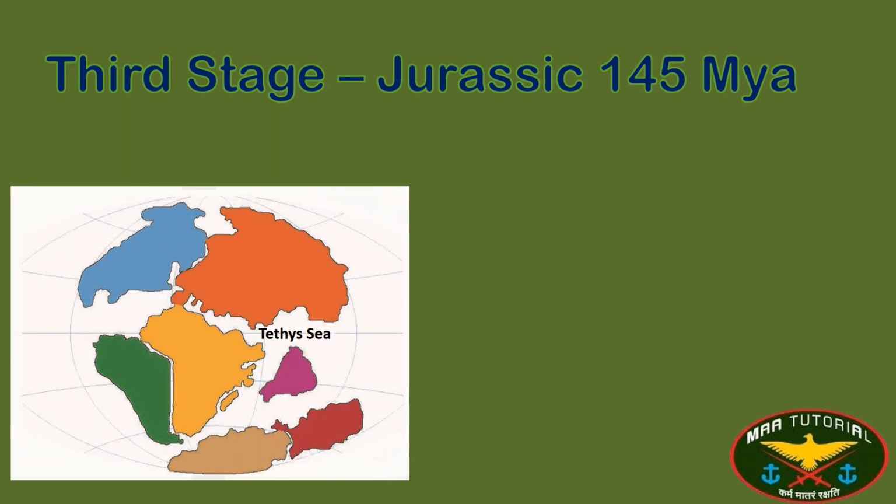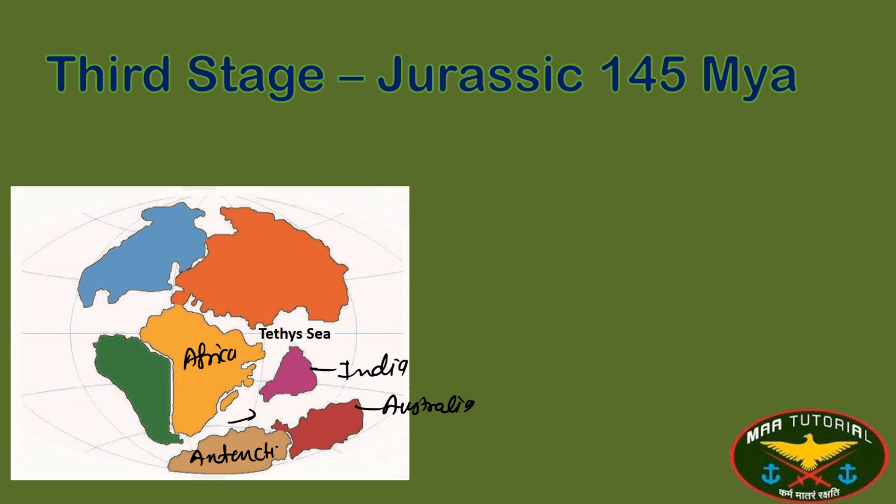Okay, and in the third stage, the Jurassic age, that is 145 million years ago, the drifting of the continents continues faster and they are going distant. You can see this is India, Australia, Antarctica, Africa.